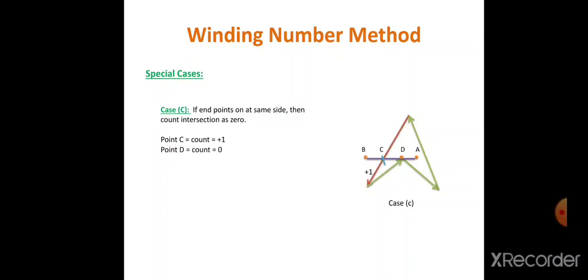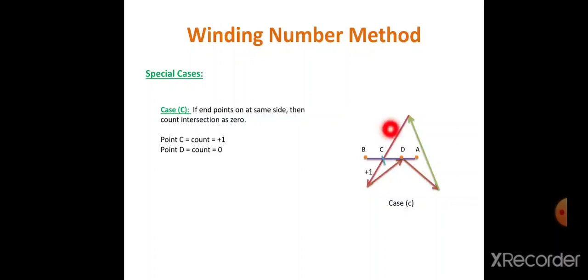For point D, the count is 0. Why? Because the both endpoints of the line passing through point D are on the same side, and whenever the endpoints of the line are on the same side, then in the winding number method we have to take the count as 0. Why?